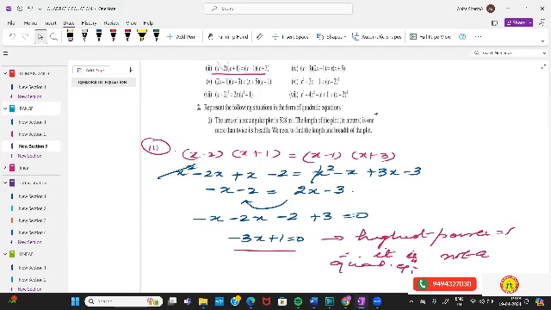Tell me, is it quadratic or not? Ma'am, it is quadratic. Yes. Good, Dharya. It is quadratic.